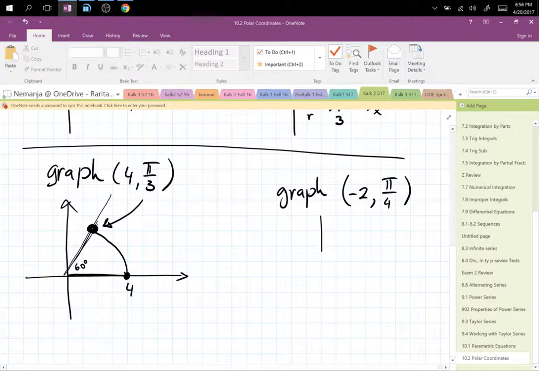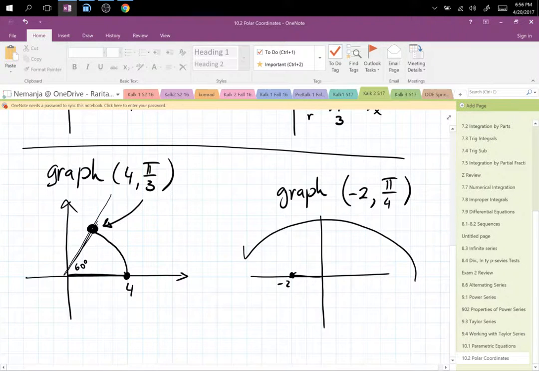Okay, so again, all of these are quick, guys. We have -2, which now goes to the left, and you still have to go counterclockwise. Flow of positive angles is always counterclockwise, so you will go 45 degrees. Right there is the point.